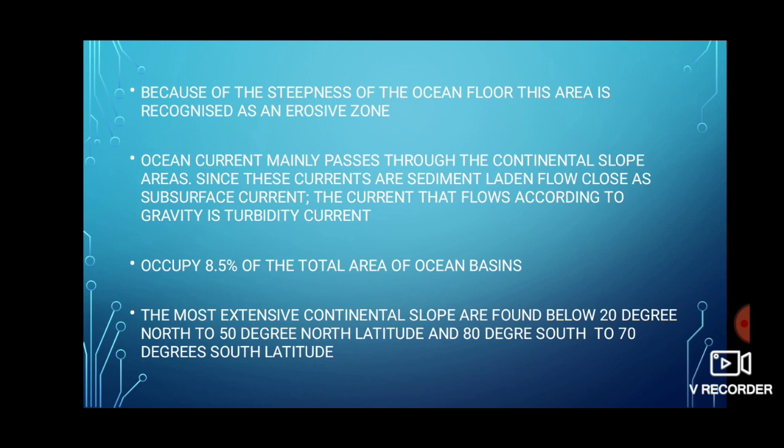Since these types of currents have a very high amount of sediments, they will be flowing as a subsurface current due to the heavy weight of the sediments. So we know that this part is a highly erosive zone, and hence they always have sediment laden flow of water, and due to the heavy weight of the sediments, the ocean currents always flow through this region as a subsurface current.